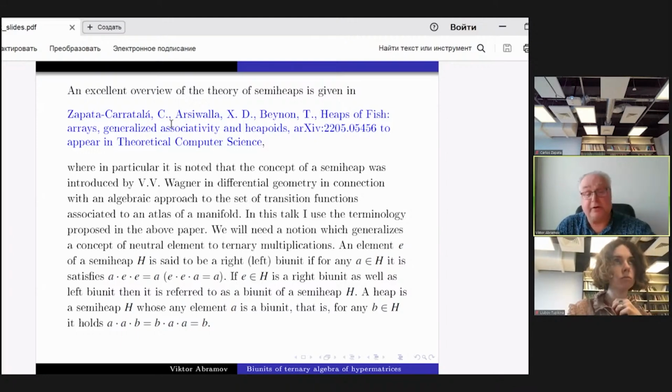I would say that I knew not very much about semi-heap and heap theory, and for me it was very interesting that the Soviet mathematician Wagner developed this semi-heap and heap theory, and his motivation came from differential geometry, where we have a smooth manifold and an atlas of a smooth manifold, which consists of local maps and transition functions.